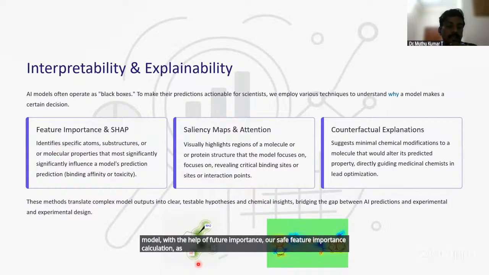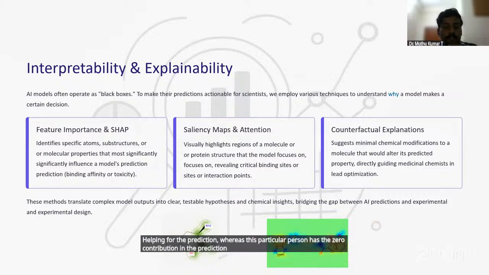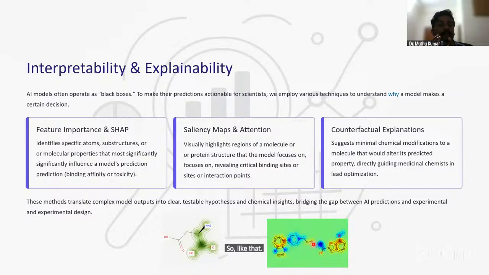As you can see here, this particular feature is highly helping the prediction, whereas this particular feature has zero contribution in the prediction. Here also you can see this one is highly contributing, and these others have very minimal contribution. So which kind of scaffolds are highly contributing to the particular activity?